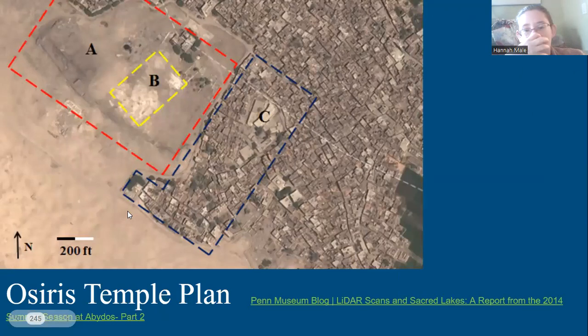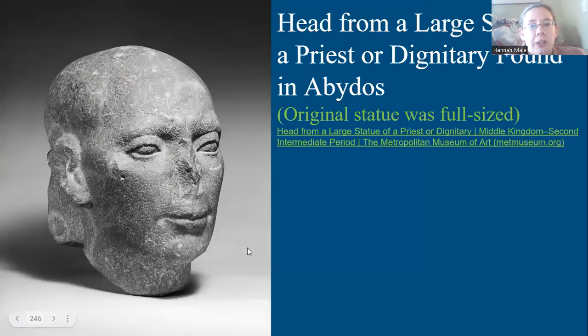And then these are the different possible stages of that temple to Osiris that you first see emerge in the Middle Kingdom. So this is now in the Metropolitan Museum. This is a statue head that was originally a full body statue in this Osiris temple at Abydos, dating anywhere from the Middle Kingdom to the Second Intermediate period.